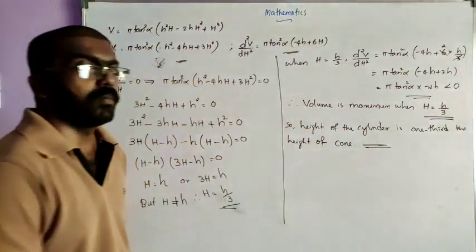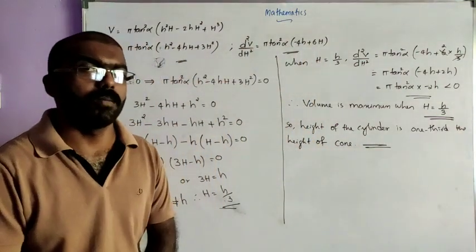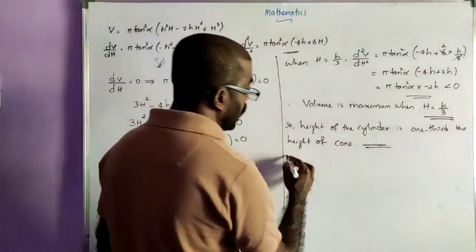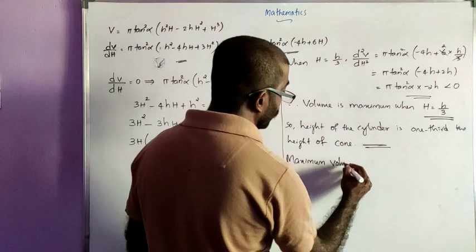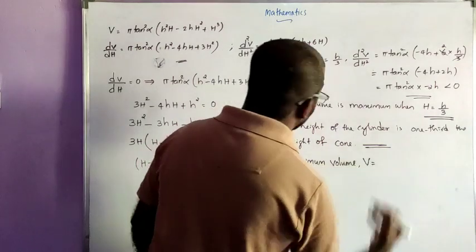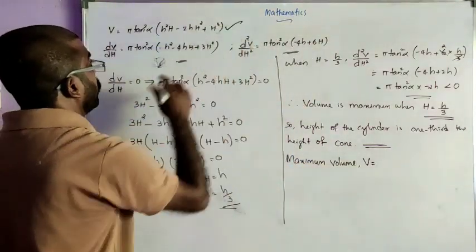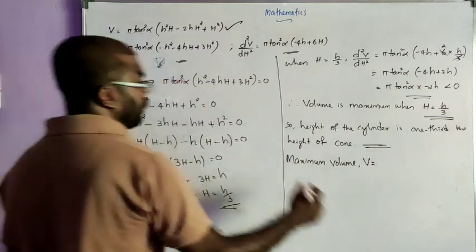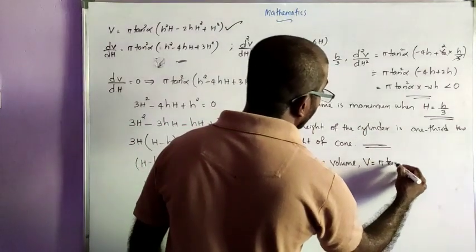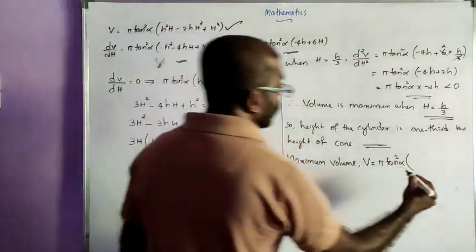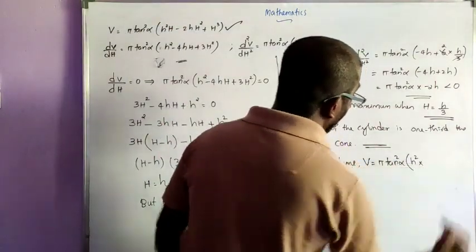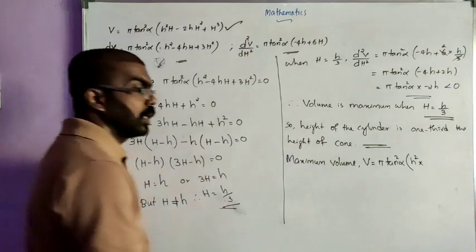Now the second part is we have to find the maximum volume. So the maximum volume is equal to V. We know the value of V, π tan²α into (h²H minus 2hH² plus H³). So here capital H is small h by 3.